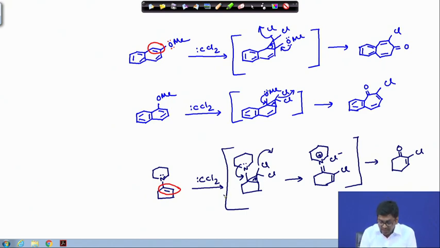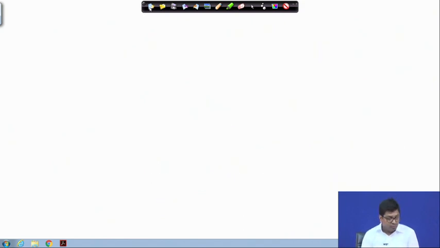This dichlorocarbene first makes the cyclopropane ring, then ring expansion converts the enamine system to the corresponding cyclohexenone system. So, so far what we have learned is that these dichlorocarbenes first form the cyclopropane and then convert it to the derivative with a higher ring number.